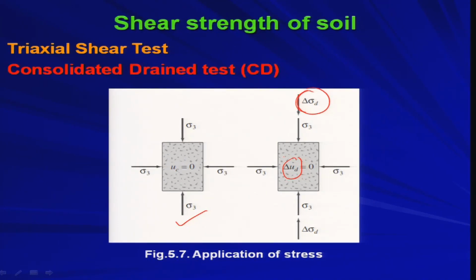That is why it is known as the consolidated drained test: at first, when you apply sigma 3 all round, you consolidate the sample by allowing drainage, and then during the test, when you apply sigma d, you also allow drainage.